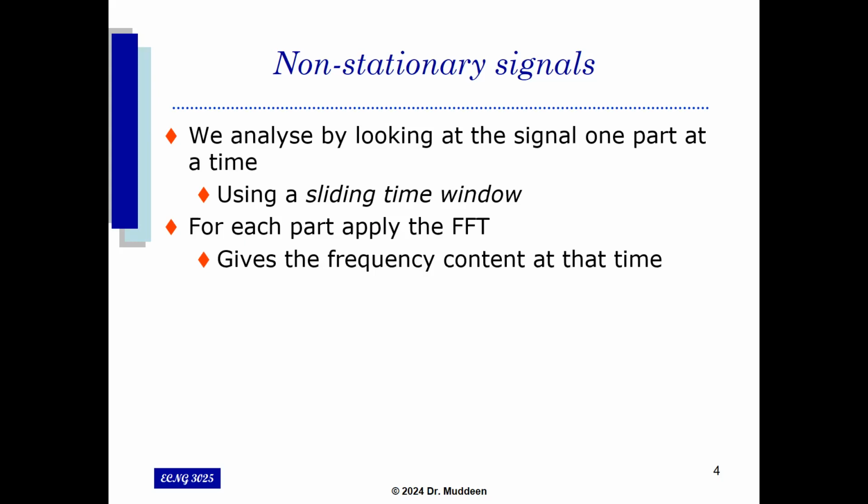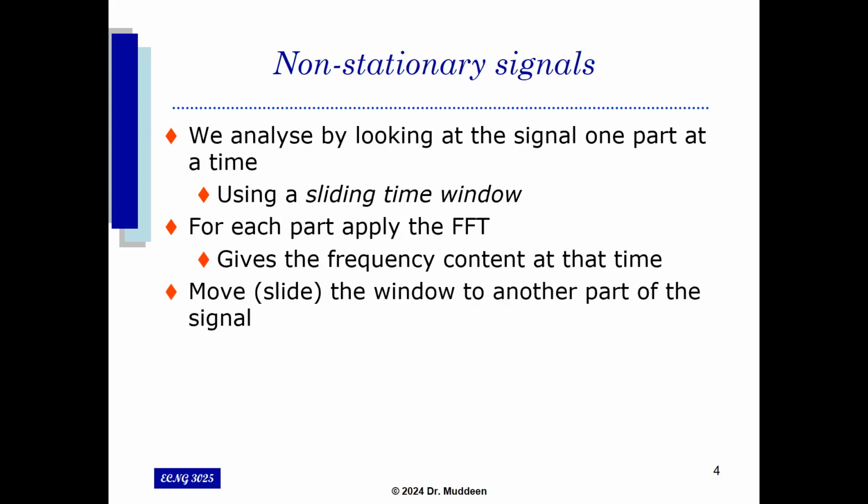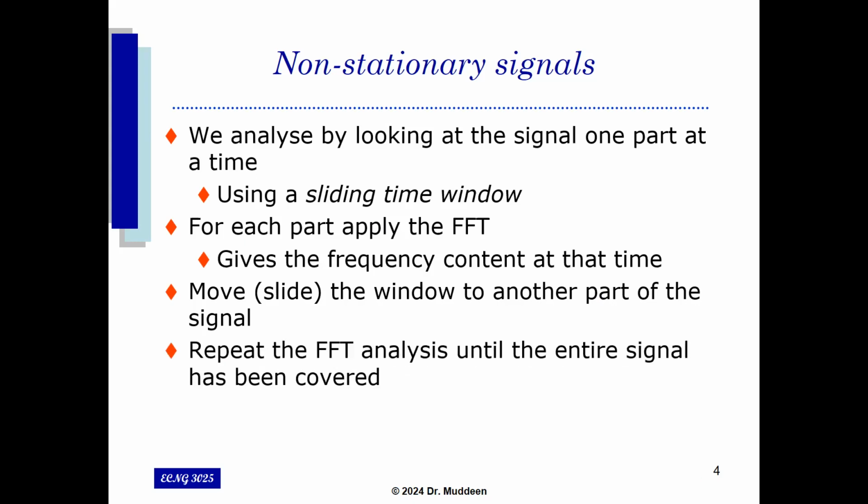And then we shift the time that we look at and do the same thing. So we slide the window from one part to another part of the signal, and repeat the FFT until we have done an FFT analysis over the entire signal.